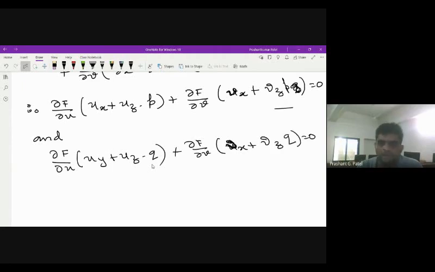Now we have these two equations, equation number 1 and equation number 2. We need to eliminate del f upon del u and del f upon del v from these two equations.